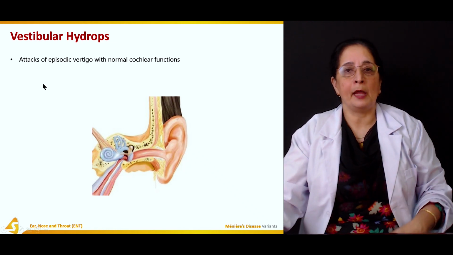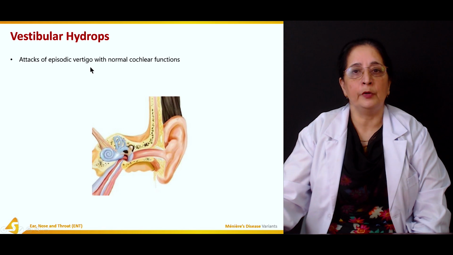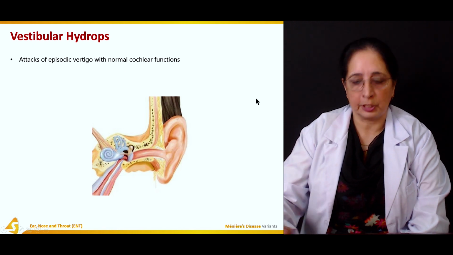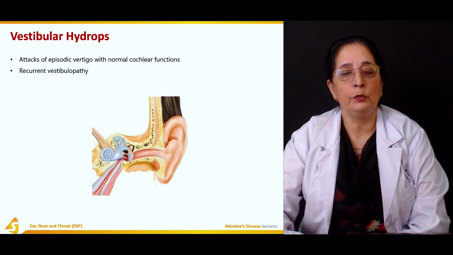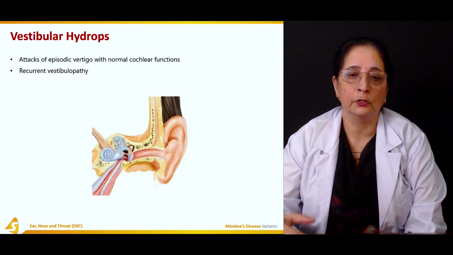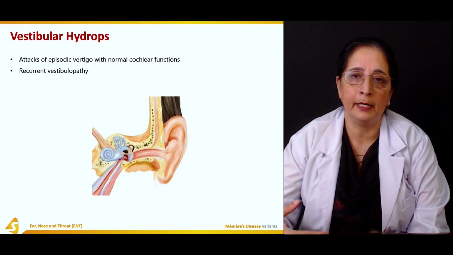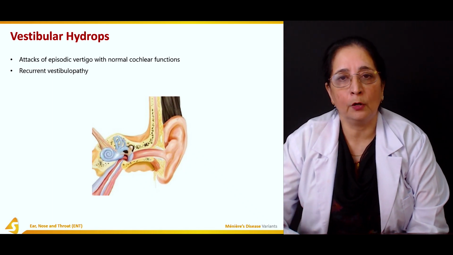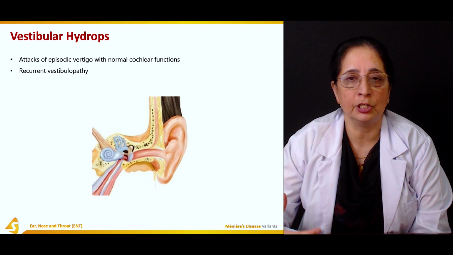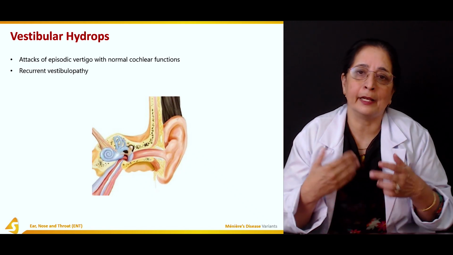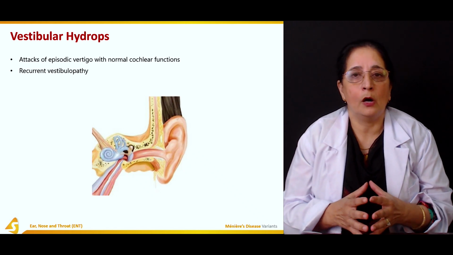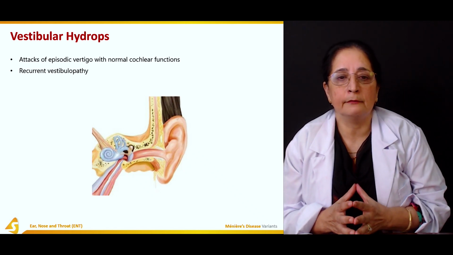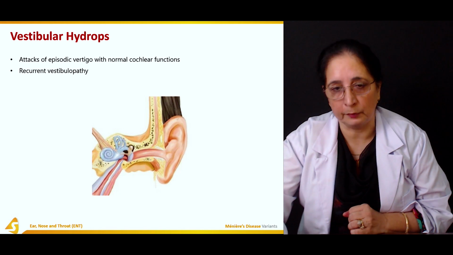So there are attacks of episodic vertigo with normal cochlear function, a recurrent vestibulopathy. It keeps on coming, with recurrent episodes of abnormality of the vestibular system.